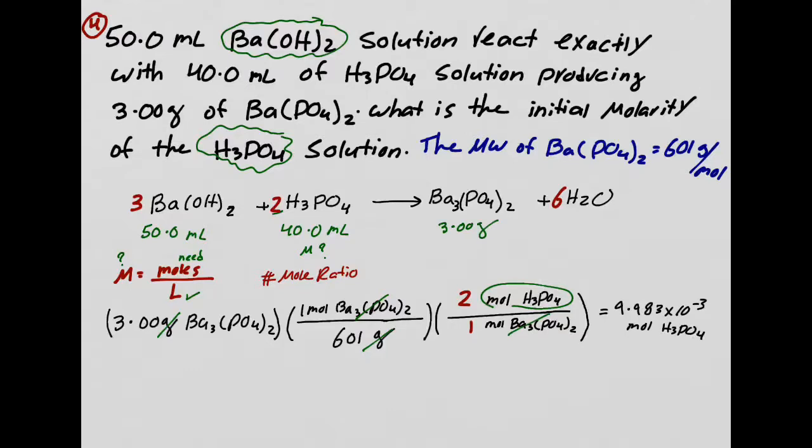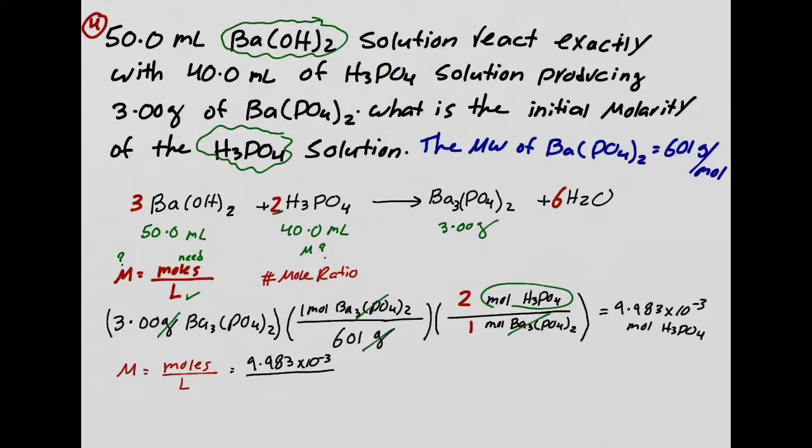Beautiful. Okay, so now we are back in business. So remember, I needed to figure out the molarity of phosphoric acid. Yes? Do I have the moles of phosphoric acid now? I sure do. It is 9.983 times 10 to the minus 3. Do I have the volume?